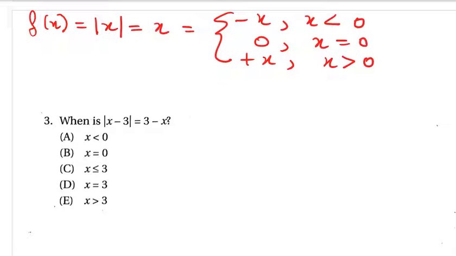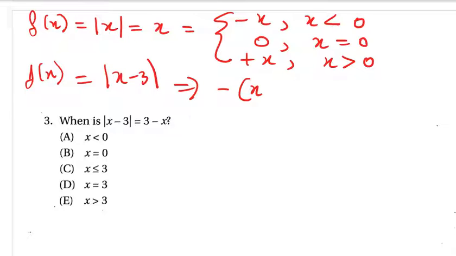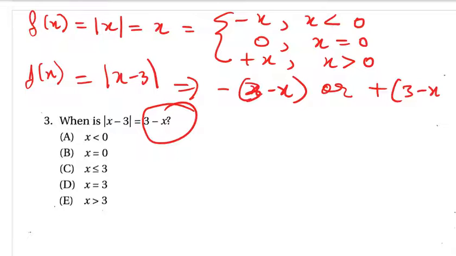Now you see, that means if you have f of x is equal to mod x minus 3, which can also be written as minus 3 minus x, because this is equal to 3 minus x or plus 3 minus x.